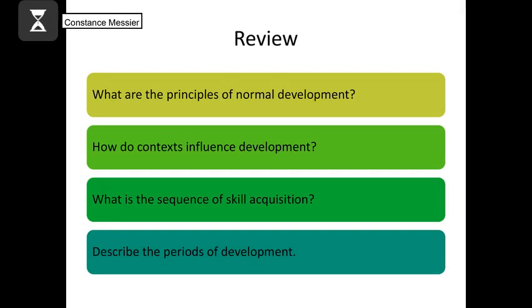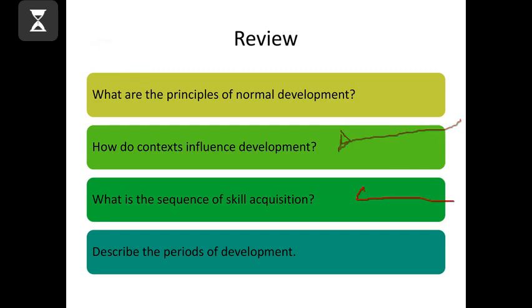Now that you've read this chapter, listened to this chapter, what should you be able to do? You should be able to tell me, or tell yourself and review for yourself, what the principles of normal development are. How do contexts influence development? We talked quite a bit about this. What's the sequence of skill acquisition?